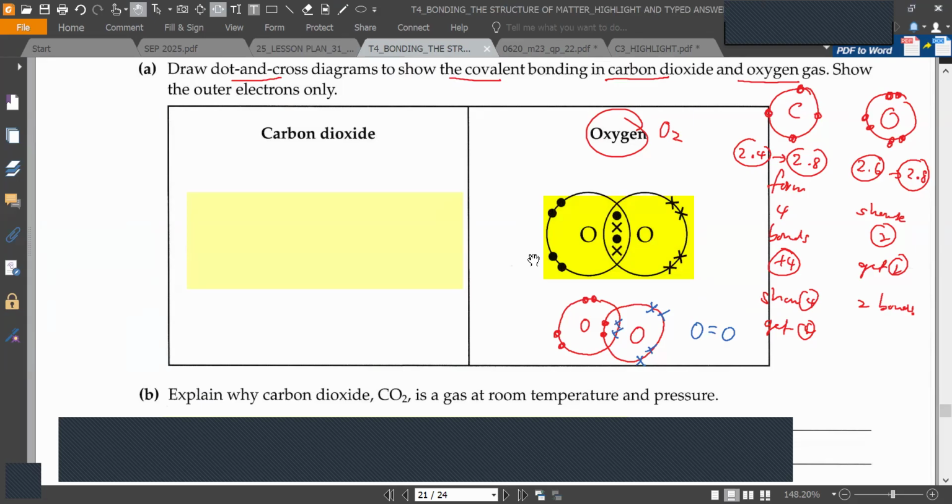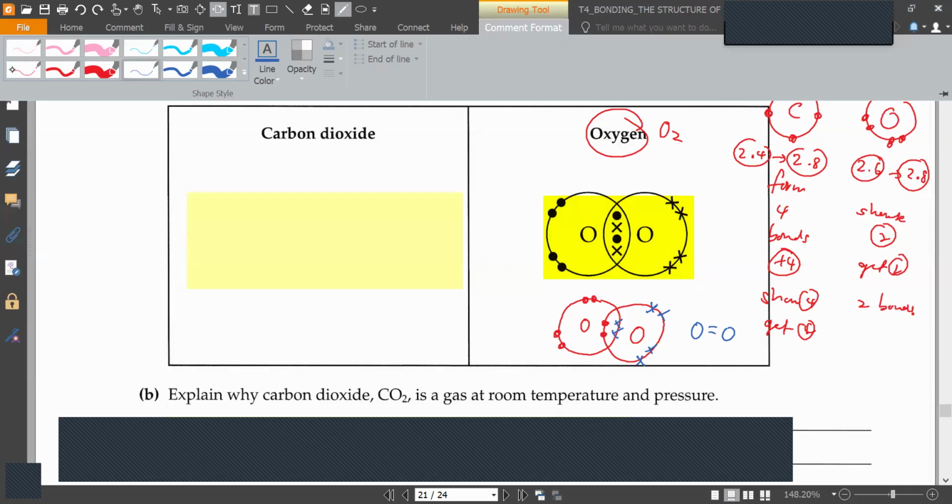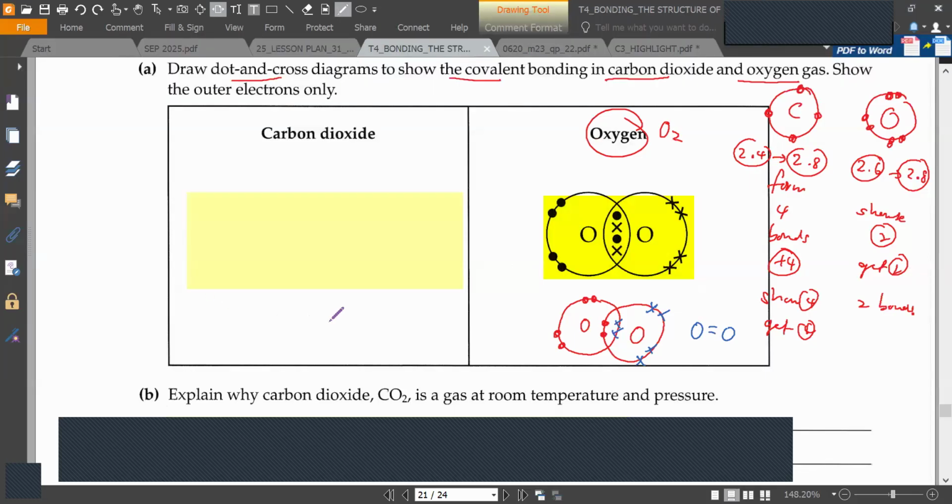How about carbon dioxide? How does it work for carbon dioxide? Carbon needs to form 4 bonds. Oxygen needs to form 2 bonds.